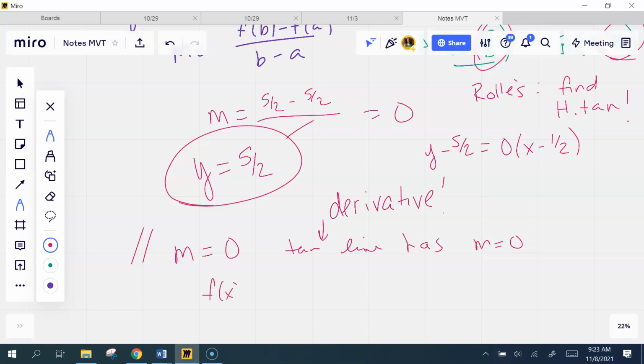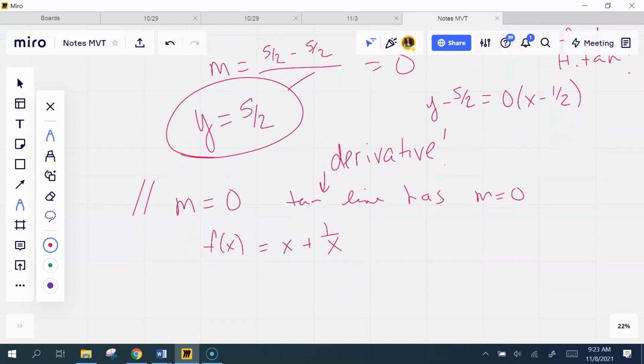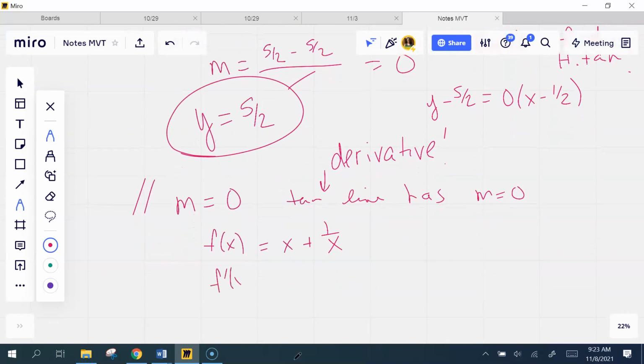So if f of x is x plus 1 over x, then the derivative is what? 1 minus x to the negative 2.